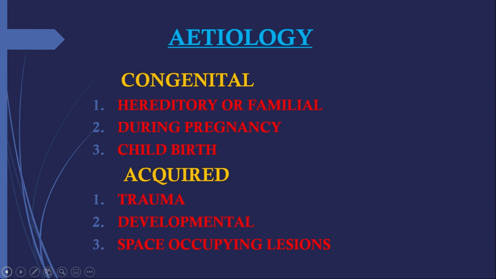Now, taking these in a very little detail, certain types of DNS may run in families, and there is a hereditary tendency in those families to develop a deviated nasal septum. While during pregnancy, one would wonder, why would during a pregnancy a DNS occur? Well, the thing is, during pregnancy, the fetus is subjected to three kinds of pressures.